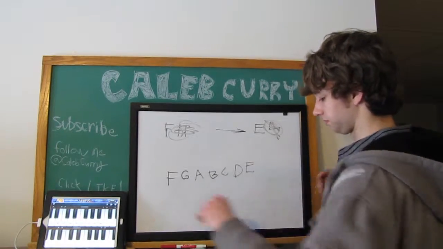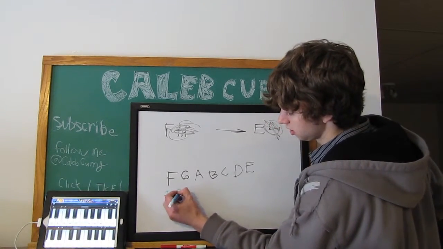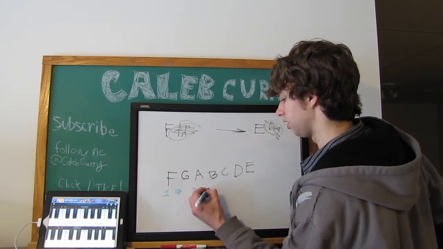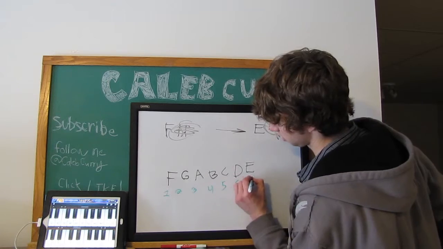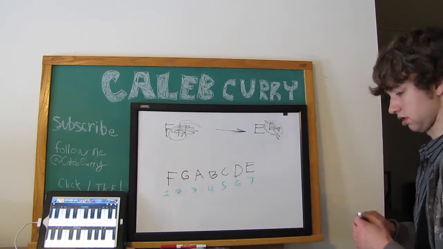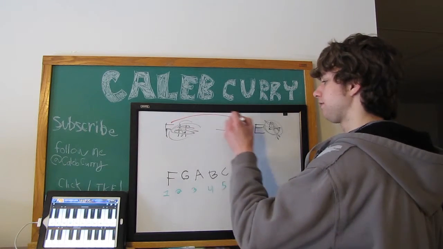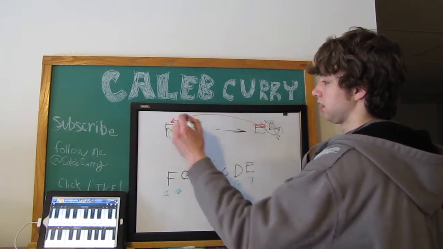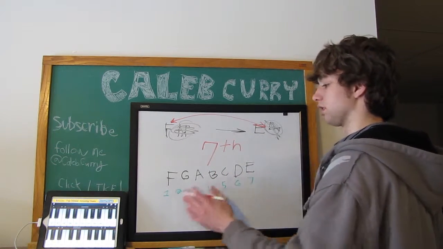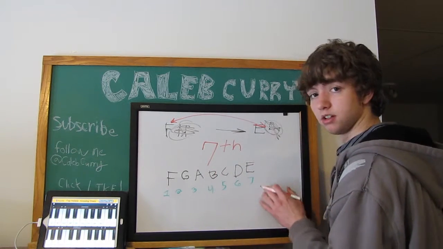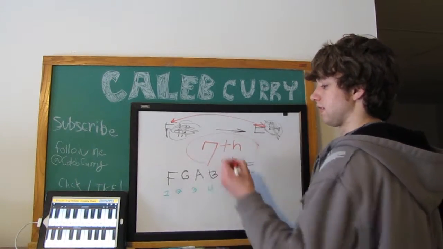So let's count. 1, 2, 3, 4, 5, 6, 7. So the distance between an F and an E is called a seventh because we're covering 7 of the scale degrees. So this is a seventh.